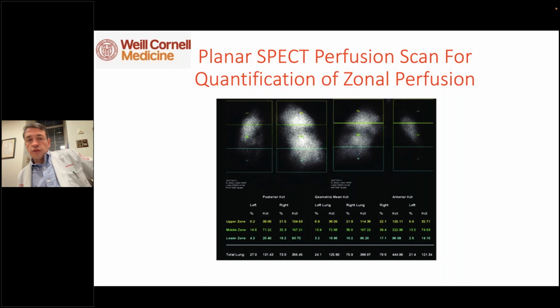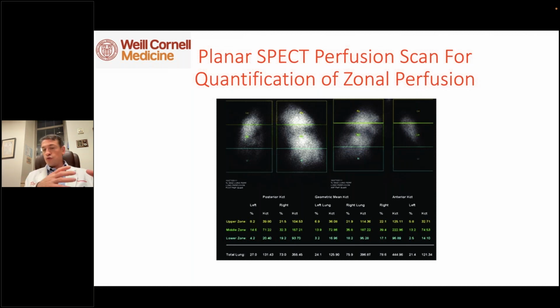The traditional planar SPECT scans are actually not helpful in our situation because they break up perfusion into upper, middle, lower zones. Now, if you're talking about valves, you're talking about lobar atelectasis. So if you are treating the left upper lobe, for example, it is very hard to figure out where's the middle zone in relation to the left lung.